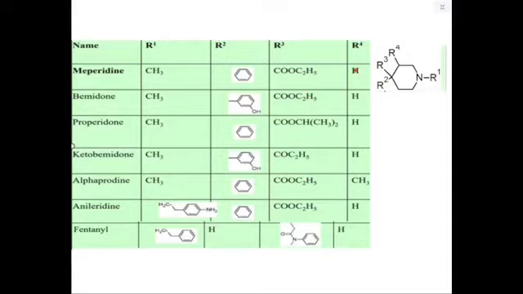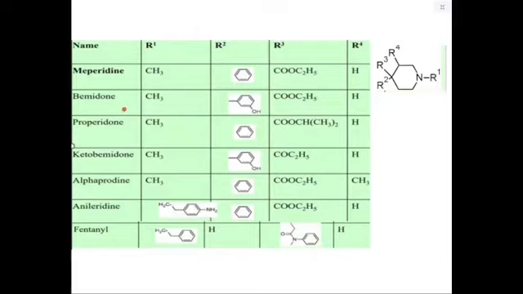And then R3 is this one. And you can see this is an ester, C double bond O, OC2H5. And therefore, sometimes these compounds are called ethyl derivatives. So this is indeed an ester. R3 is an ester, and that is meperidine. And for meperidine, this R4 is a hydrogen.